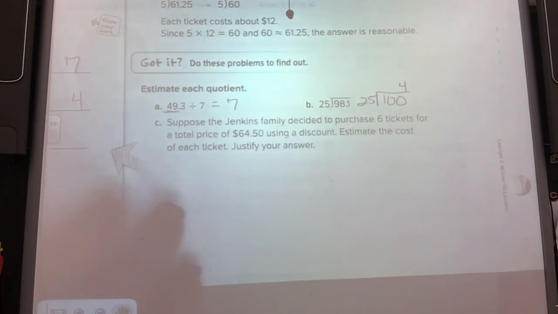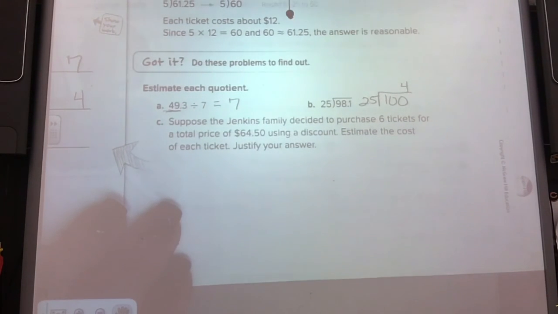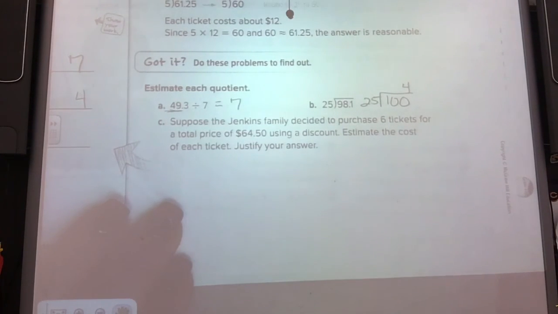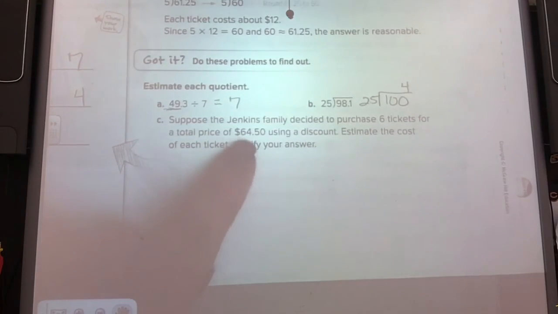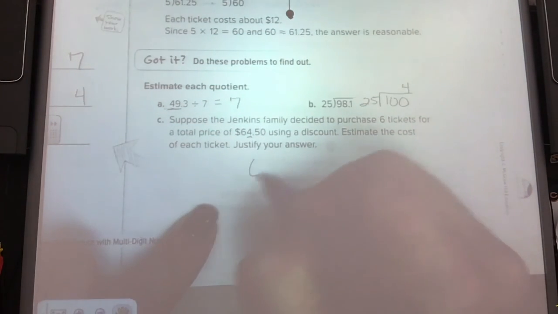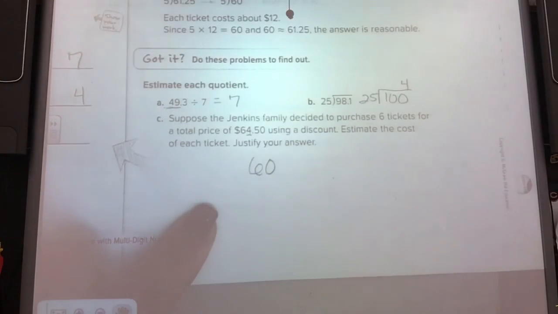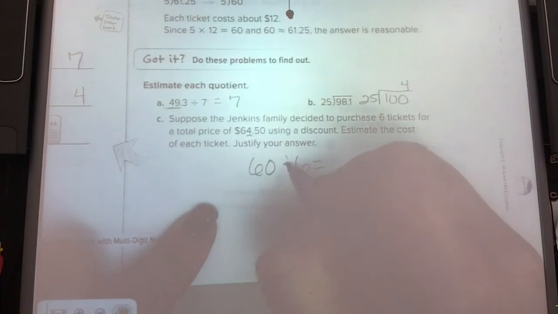Suppose the Jenkins family decided to purchase 6 tickets for the total price of $64.50. Using a discount, estimate the cost of each ticket and justify your answer. Let's see, multiple of 6. Now, we could go 2 ways on this one. $64.50, this 4 is actually 5 or below. So you could say $60. So 60 divided by 6 is what? Right, 10.